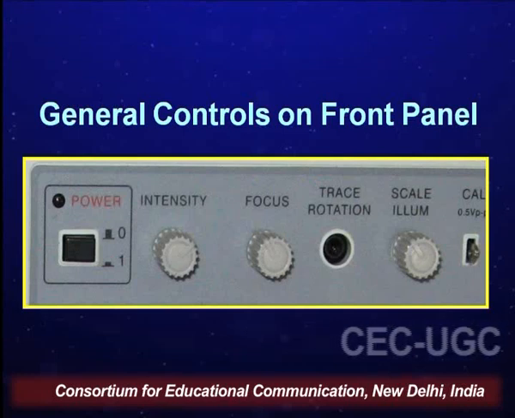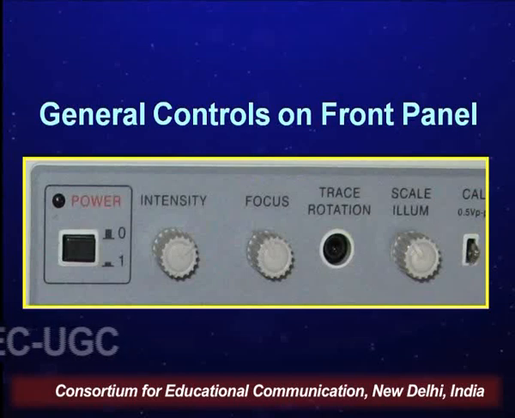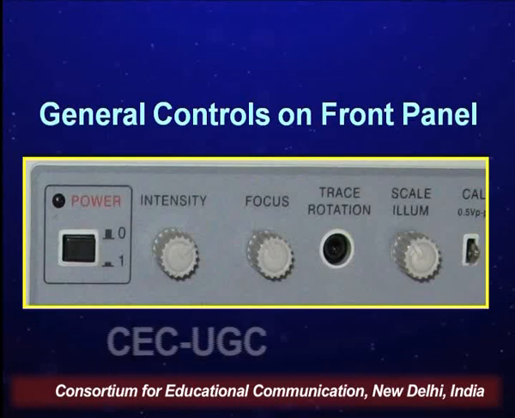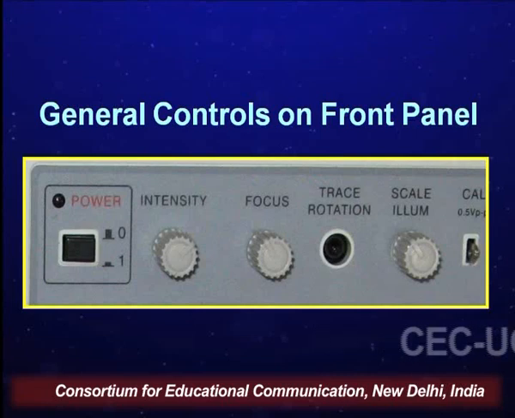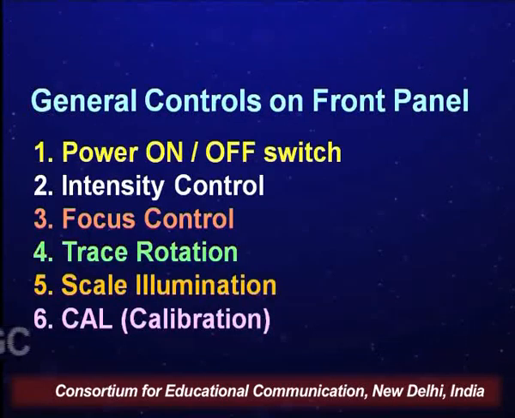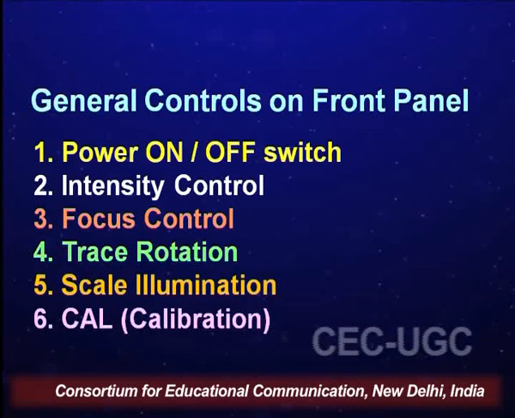What we can do in order to ensure that the phosphor screen does not burn up, we can keep the intensity of the CRO to a very low value. The power on off switch, the intensity control, the focus control, the trace rotation, scale and calibration are some of the facilities that come under general controls available on the front panel of the CRO.